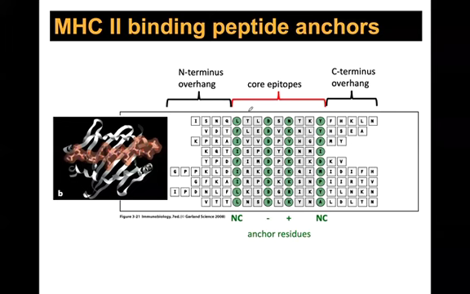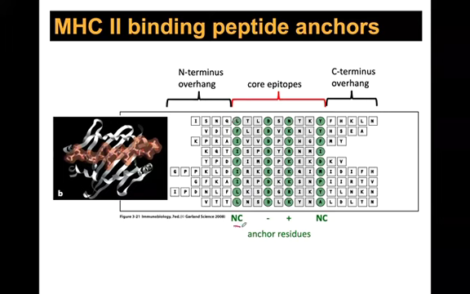Now, if you look at this closely, you'll see that because these are all from different pathogens or different microbes, that again, similar to MHC1, you have a core sequence, and then you have MHC binding sequences, or MHC contact anchors.